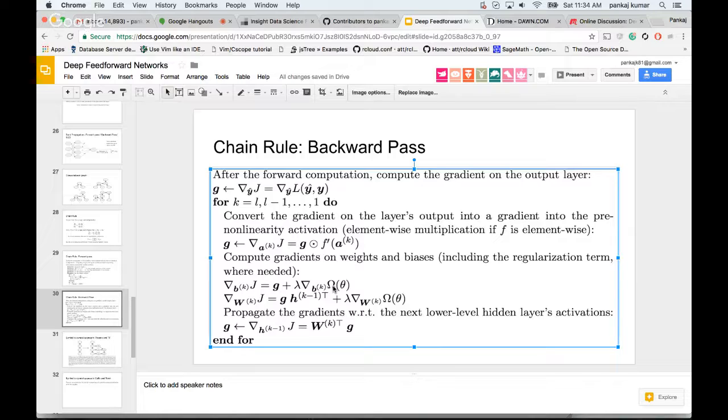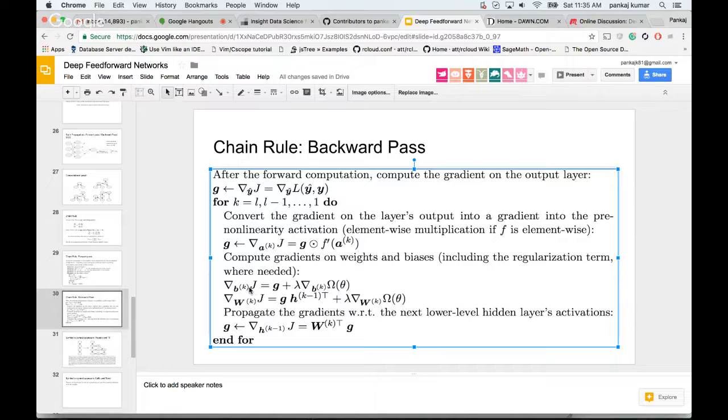The cost function also has a regularization term, but it's very straightforward. Like the BK, for example, just becomes a BK square in the regularization term, so it can be easily differentiated with respect to BK. When we differentiate with respect to another weight, then it does not come into play.